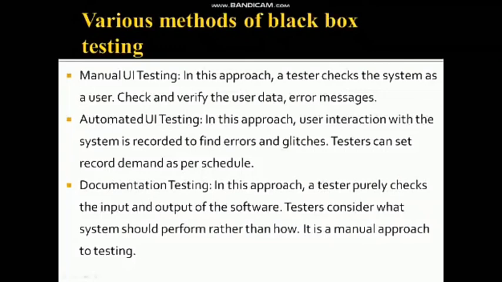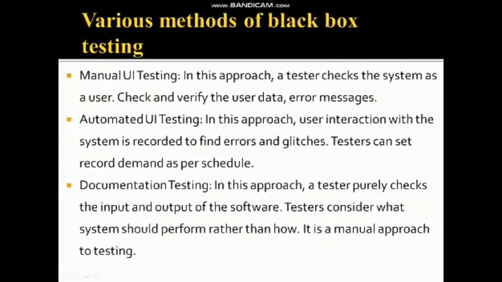That means the user can verify the data and error messages. That is known as manual UI testing. Second one, automated UI testing means user interaction, that is known as automated UI testing.